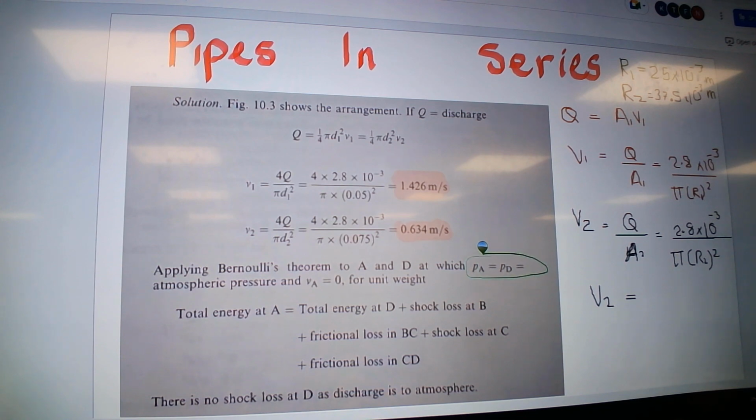And the velocity at A is also 0 because at that point it's a container on the top, the velocity is 0. So we use the formula: total energy at A equals total energy at D plus the shock loss at B, friction losses in BC (BC is the first pipe with a radius of 25 millimeter), then the shock loss at C, another shock loss, and the friction losses in CD. So that's the equation. If you write this one down, please.